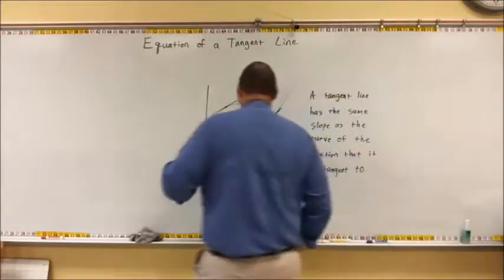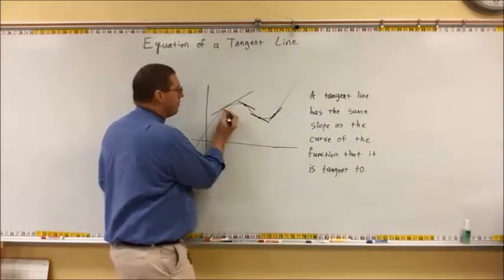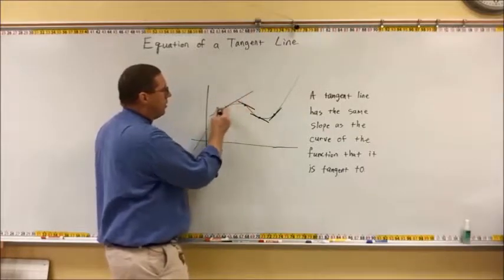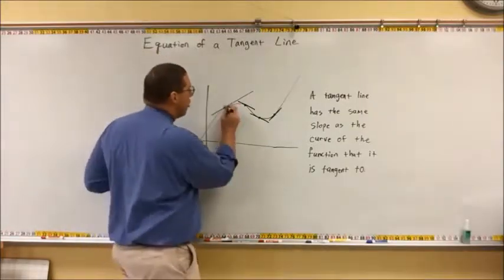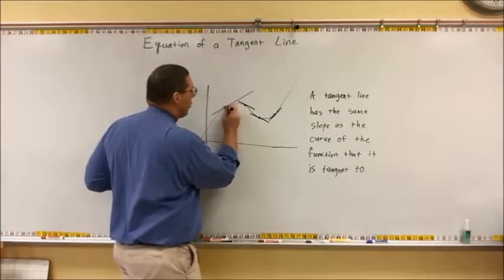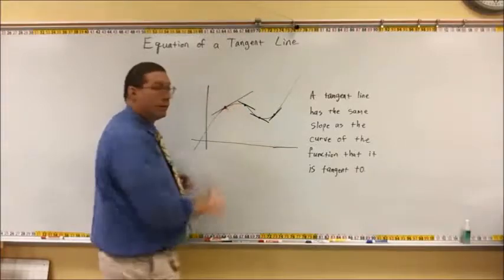So at this point right here, this tangent line has the same slope as the slope of this curve at that very point.